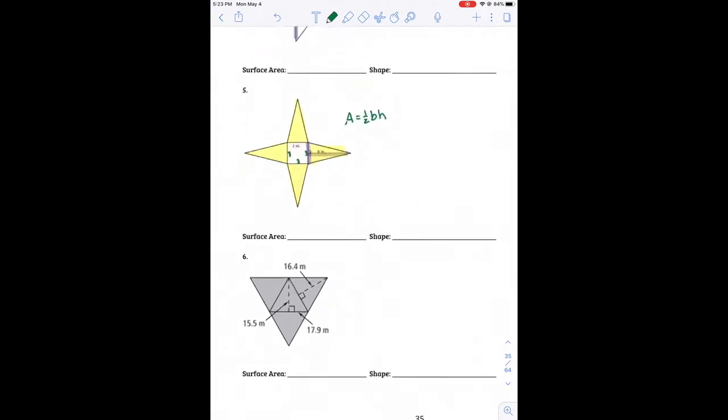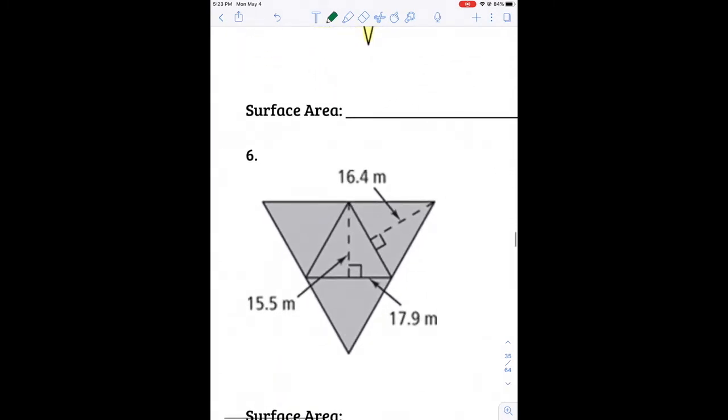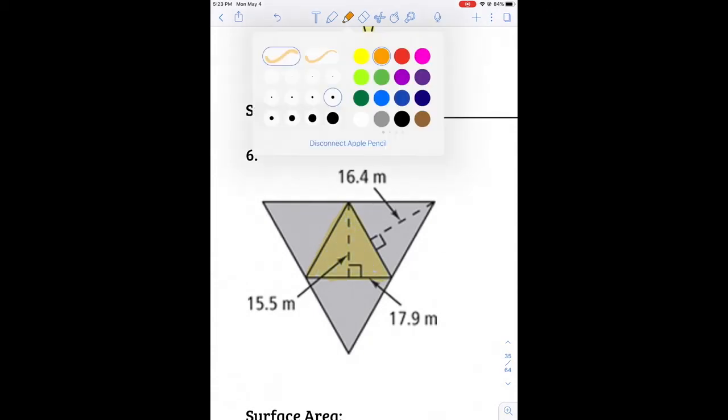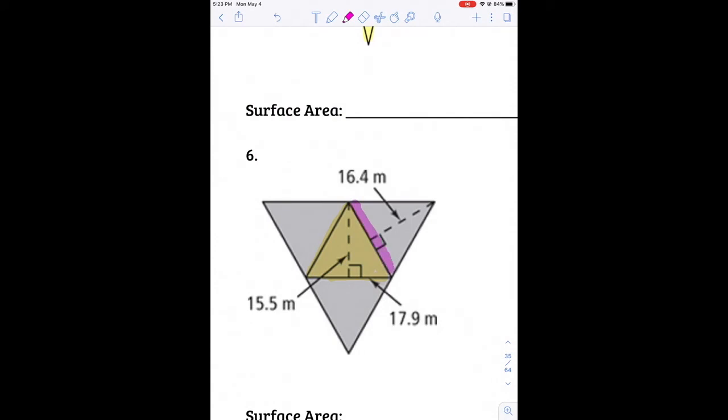For 6, we're going to do this one together. What I can see here is that we have a shape in the middle. And then there's 3 sides, and they only have given us information for 1. But all 3 of these pink sides are going to be the same.